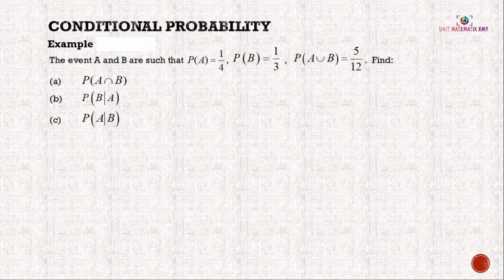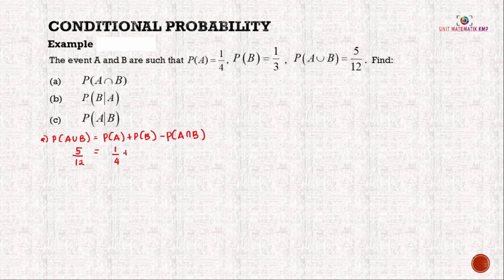We need to find the probability of A intersect B. So we use the addition probability rule, which is P(A union B) equals P(A) plus P(B) minus P(A intersect B). In the question, we already have P(A union B), which is 5 over 12, and then P(A) is 1 over 4 plus 1 over 3 minus P(A intersect B).